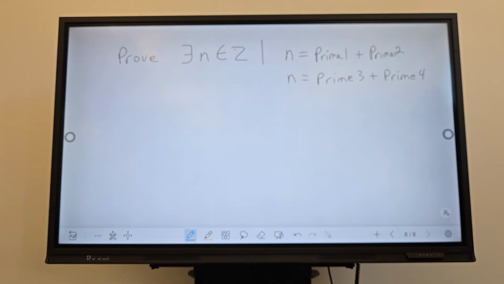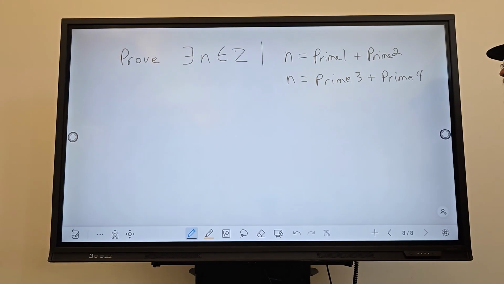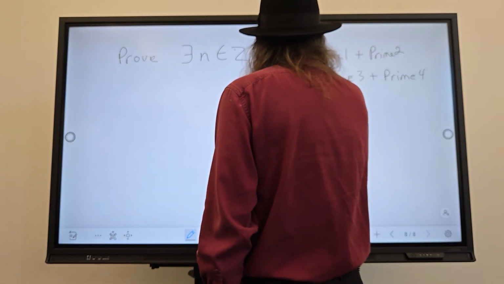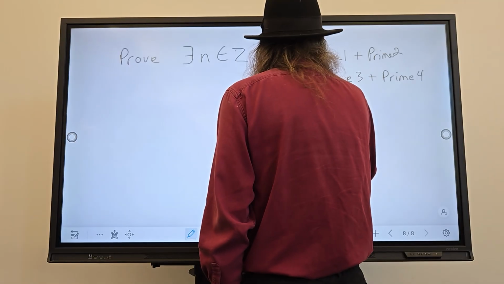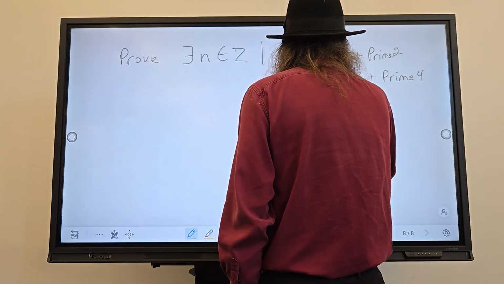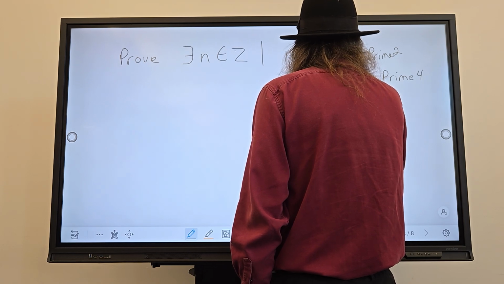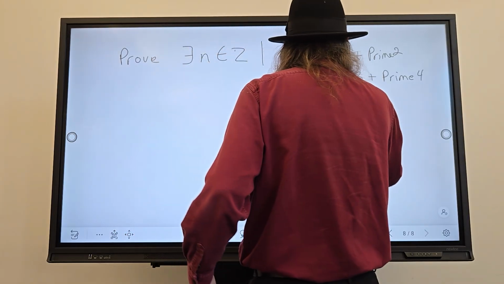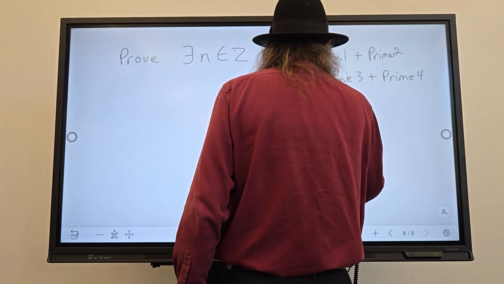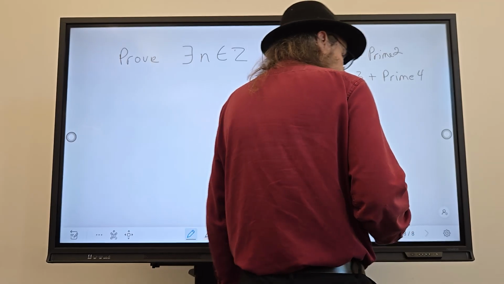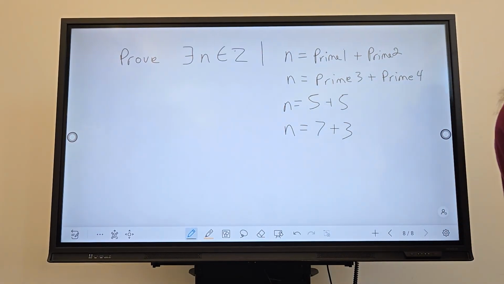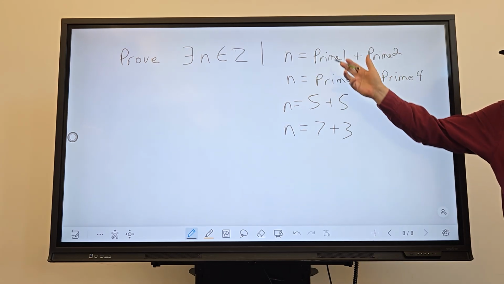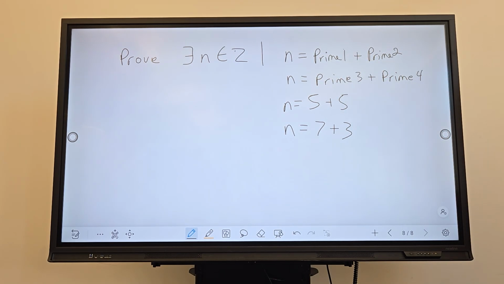So let's say n equals 5 plus 7, or 5 plus 5. And n equals 7 plus 3. So there you go. There's an example. So it proves that this statement is true. There are two ways to do it.